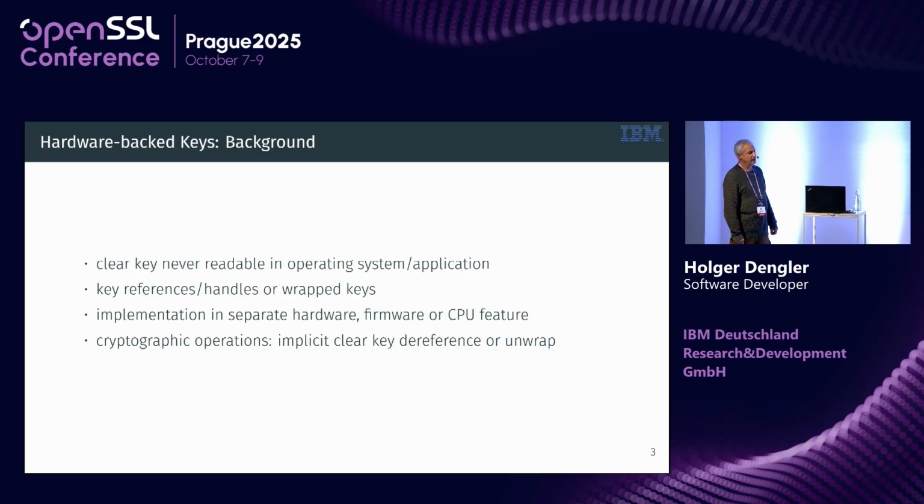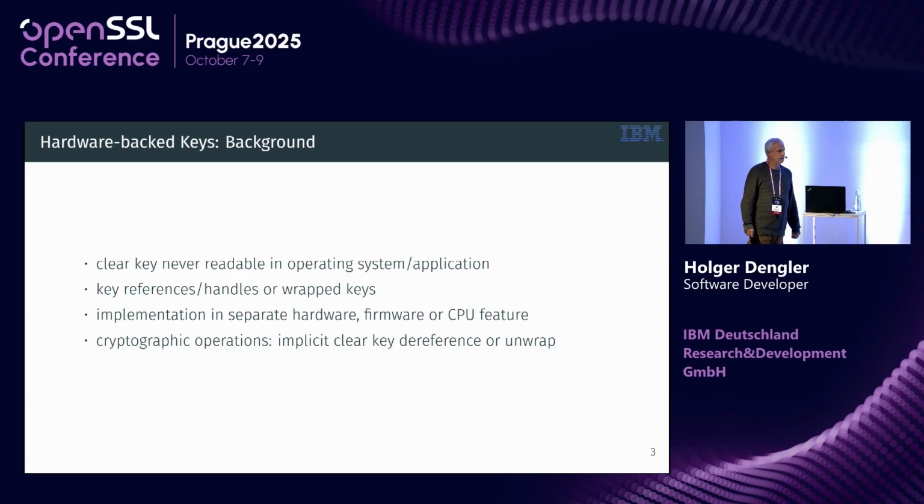The idea is that the key material, the clear key, is hidden from the application, hidden from the operating system, and never shows up in main memory that is readable by applications or operating systems. It is deep in the hardware, and accessible only for a set of operations working on that key material.